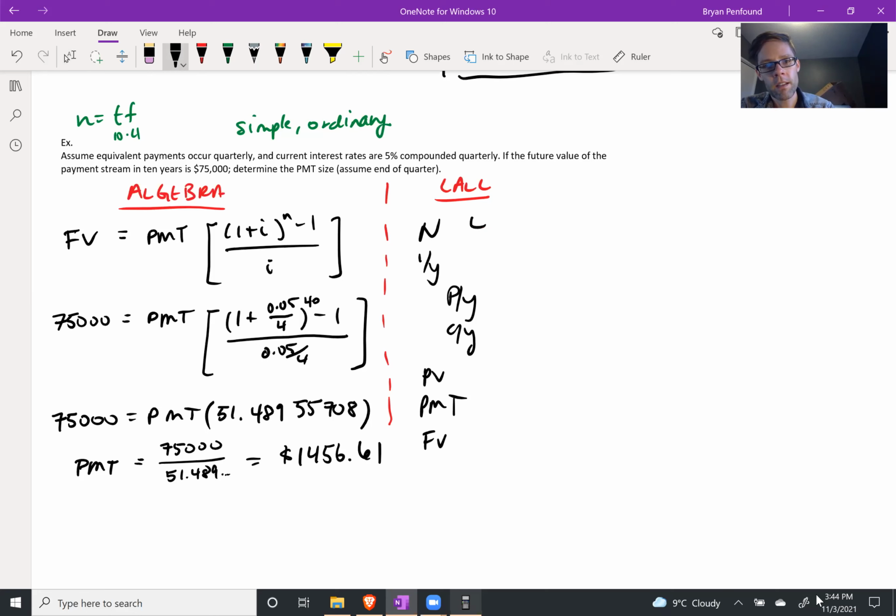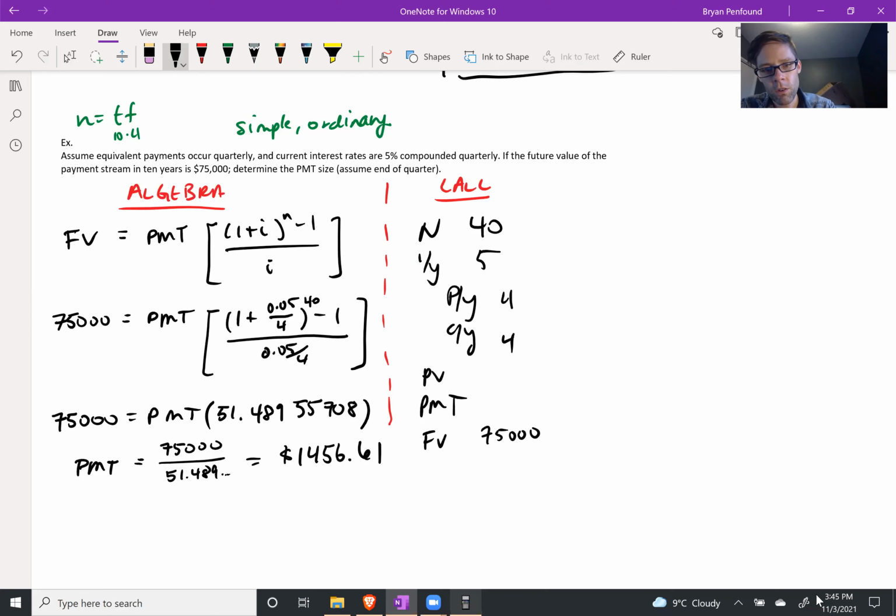Okay, we've agreed on N equals 40, 5% compounded quarterly. We know there's quarterly payments. Equivalent payments occur quarterly, and arguable as to whether or not we want the future value to be 75,000 positive or 75,000 negative.